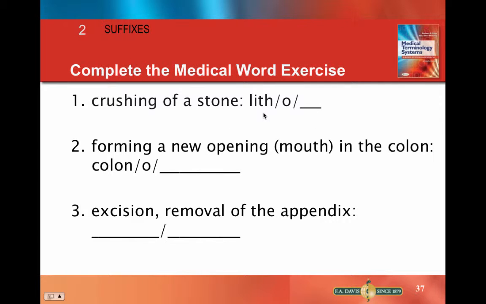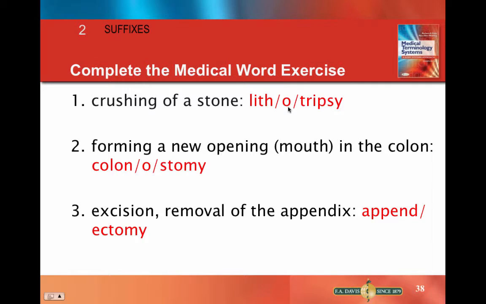Now let's see if we can answer these questions. The crushing of a stone would be lithotripsy. Forming a new opening or a mouth in the colon would be colostomy. Excision or removal of the appendix would be appendectomy.